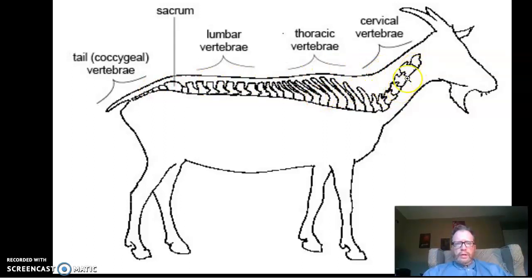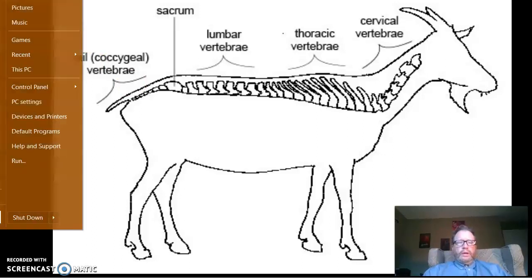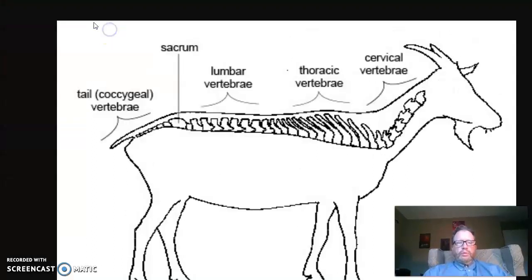The cervical, thoracic, lumbar, and the coccygeal, the tail. So this particular part of the goat's anatomy is segmented, and it's similar to a worm or a scorpion.